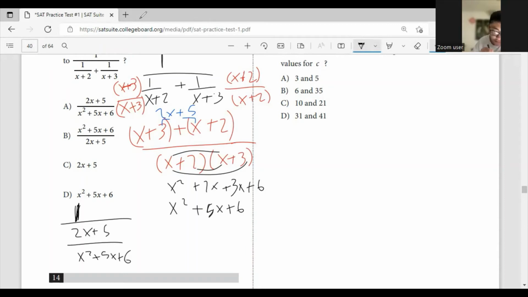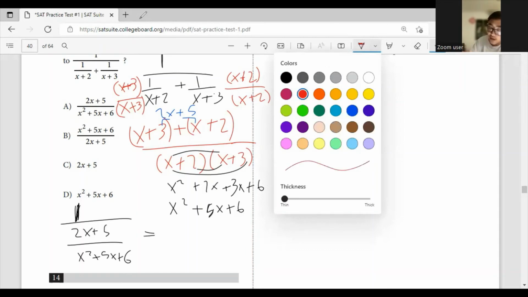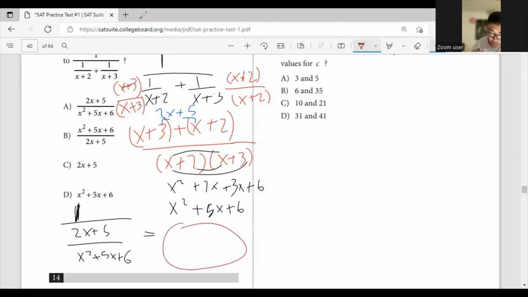And if you know anything about fractions, a fraction over a fraction is just its reciprocal. So this is actually just going to be equal to x squared plus 5x plus 6 over 2x plus 5. And your final answer will be B. Cool.